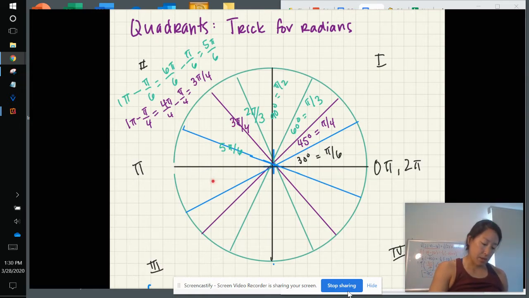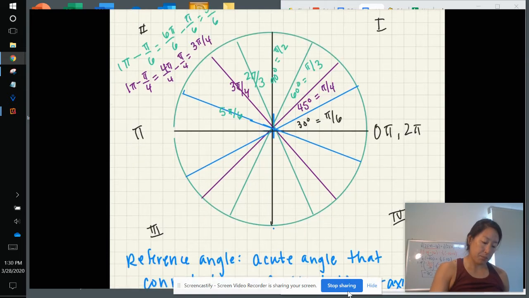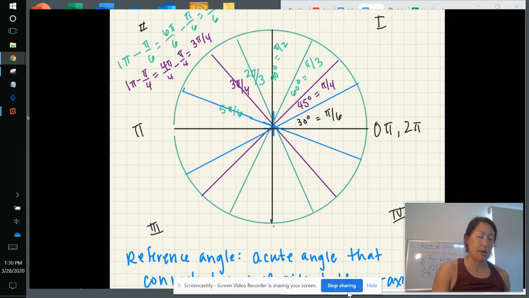Okay, so this one, third quadrant now, we're moving past 180 degrees or pi. So I'm going to go to 180 degrees, and then I'm going to add a wedge. So we're going to start with pi, and we're going to add on a blue wedge, pi over 6. So I'm actually going to have 7 pi over 6, so one extra piece than the denominator. So this guy is 7 pi over 6. All the purples are over 4.